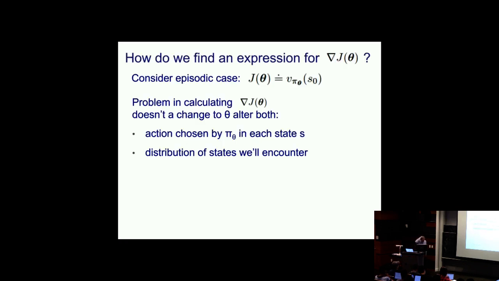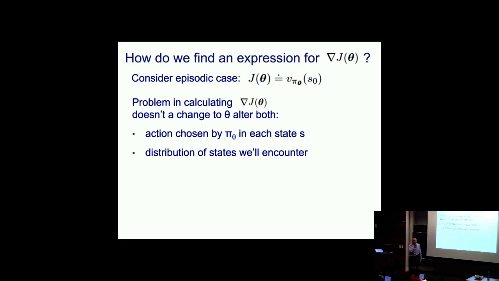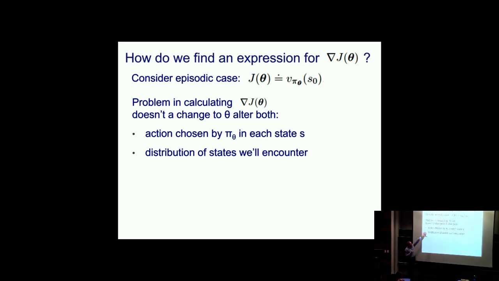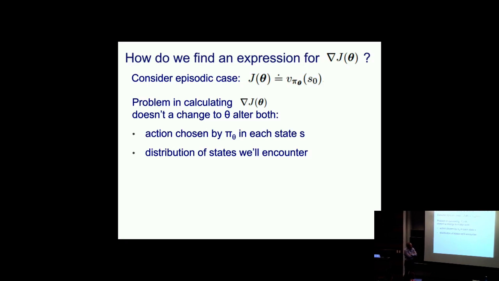Okay, so now, given that we're actually going to use a closed form for the gradient, the question is, how can we compute this? And here's a key problem, if you think about it. J of theta, again, we're going to define it as just the value under the policy pi theta of the initial state, S0.